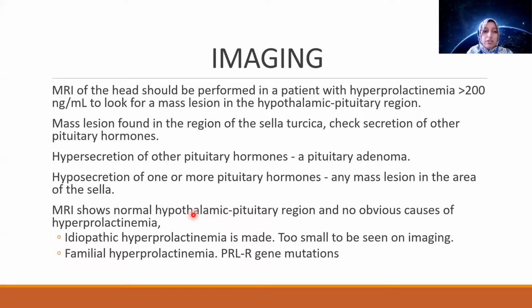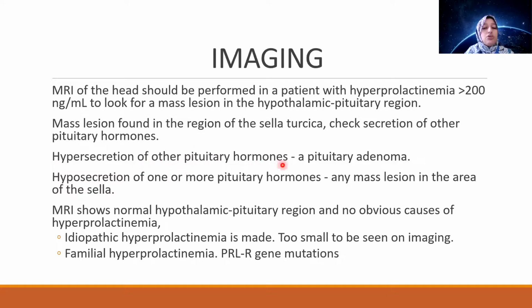Then coming to the imaging, MRI of the head should be performed in a patient with hyperprolactinemia who has more than 200 nanogram per ml, to look for a mass lesion in the hypothalamic pituitary region. In case of hyperprolactinemia, you shouldn't only write MRI pituitary protocol, you should write MRI of the head, because there can be a mass or structural lesion above the pituitary or sella region that still affects the pituitary stalk and the dopamine axis, and then it can cause hyperprolactinemia.